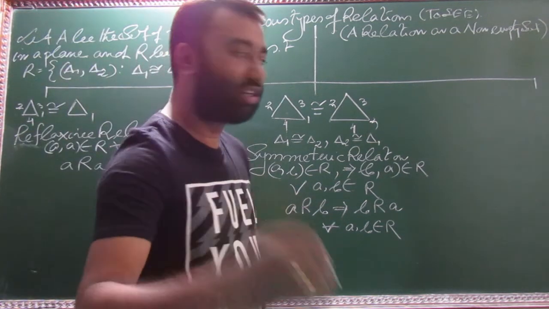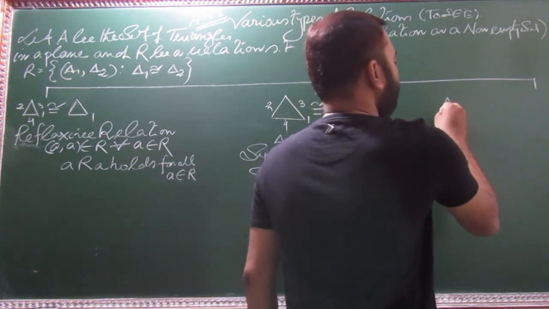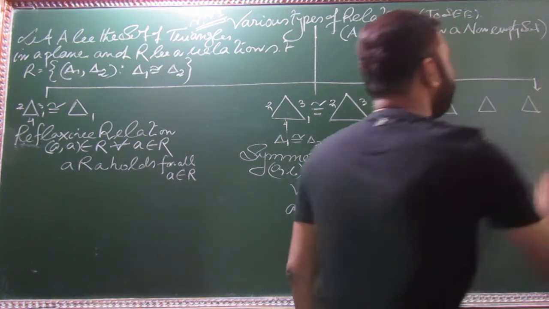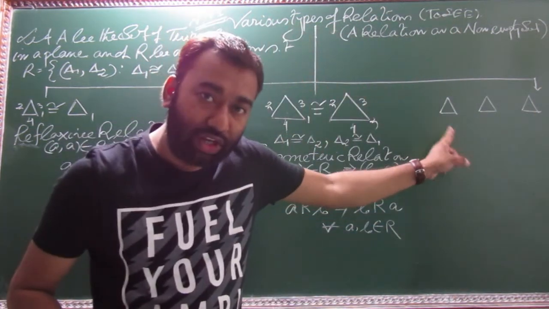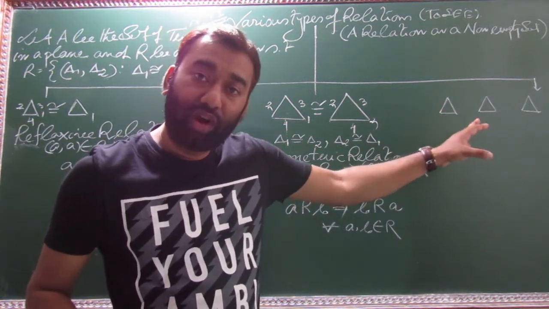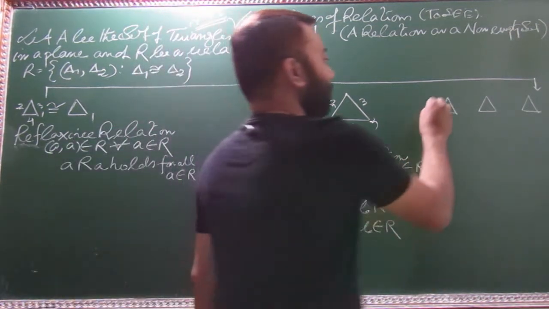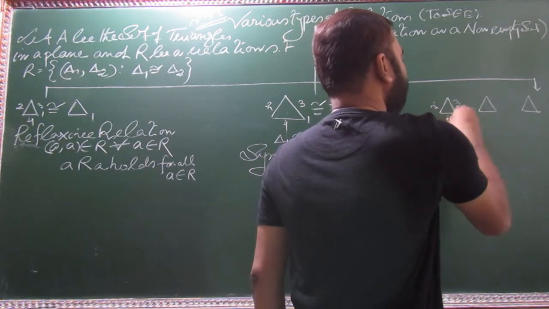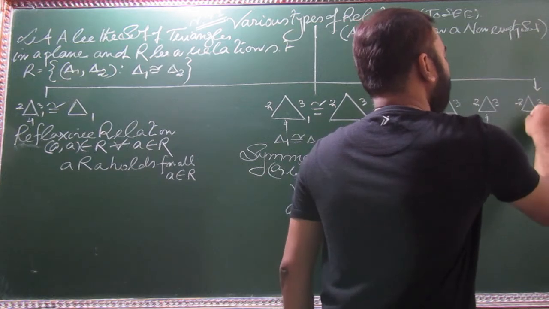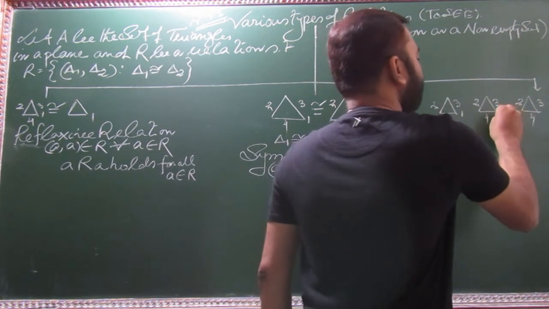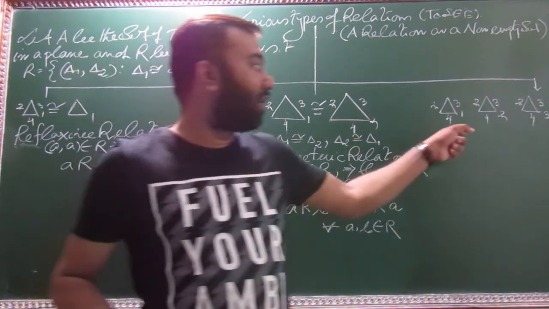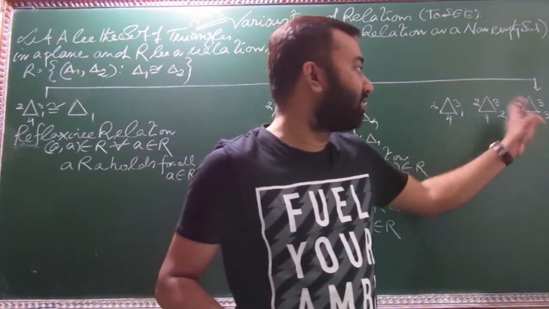I am going to consider three triangles. This is one triangle, this is another triangle, this is another triangle. These are the three triangles and all have the same measurement of the three sides: 2, 3, 4, 2, 3, 4, 2, 3, 4. This is del 1, this is del 2, this is del 3.